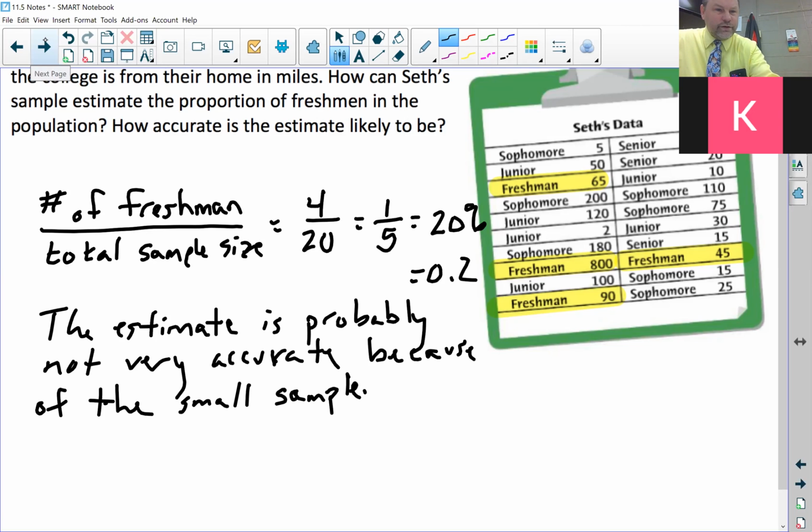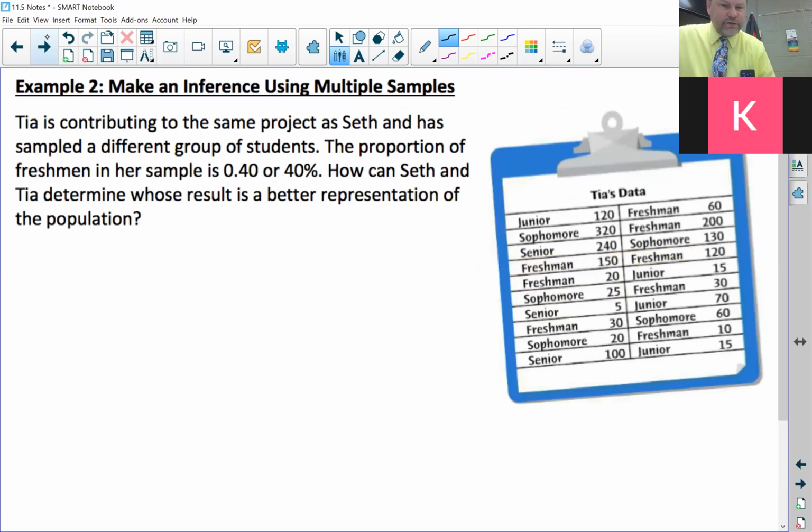Now we're going to move on to Tia. Tia is contributing to the same project as Seth and has sampled a different group of students.